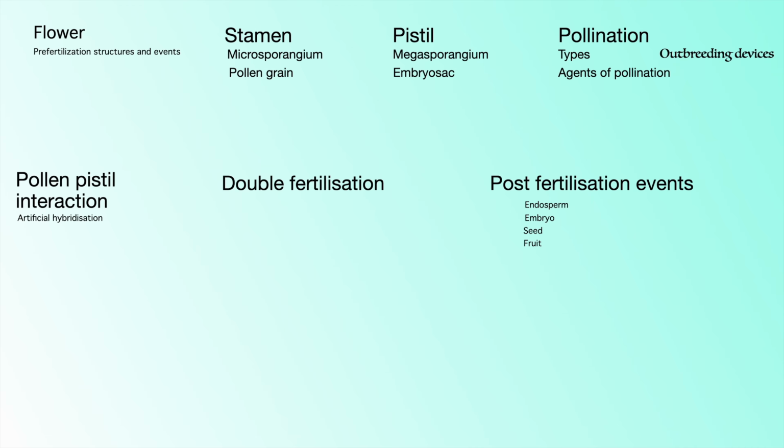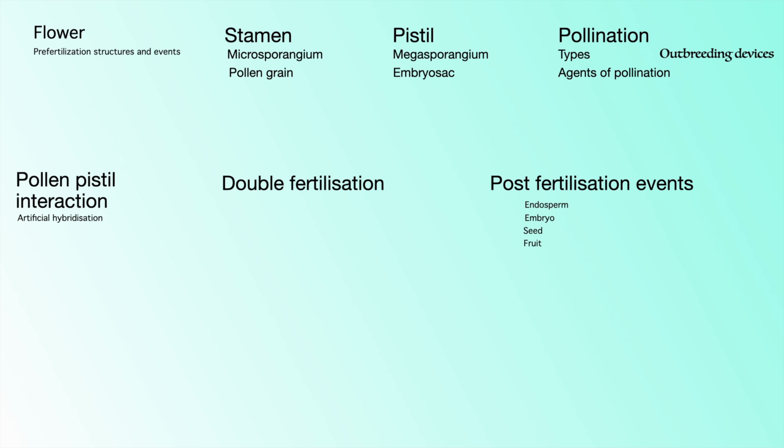The primary endosperm cell, which consists of a triploid nucleus, is a single cell. When this primary endosperm cell continuously divides, it is converted into multiple cells. So the resultant structure is called triploid endosperm tissue.